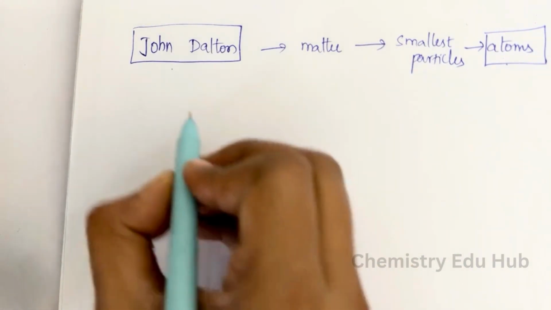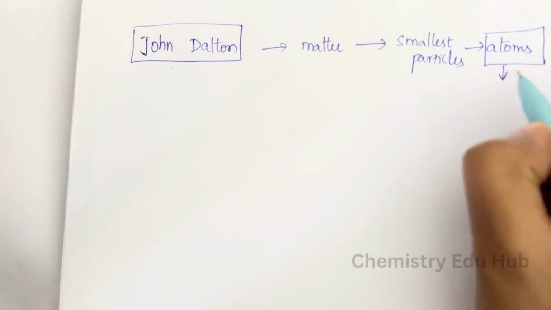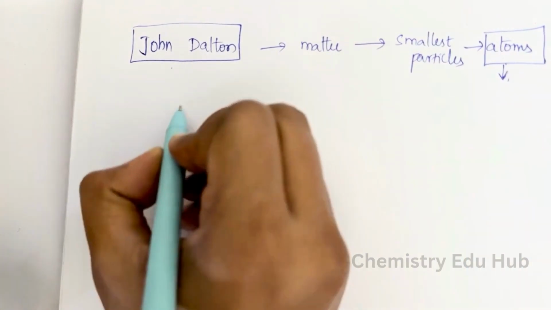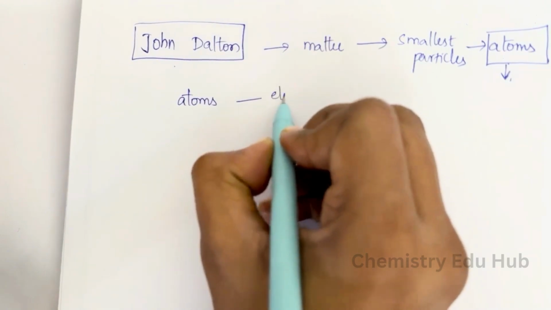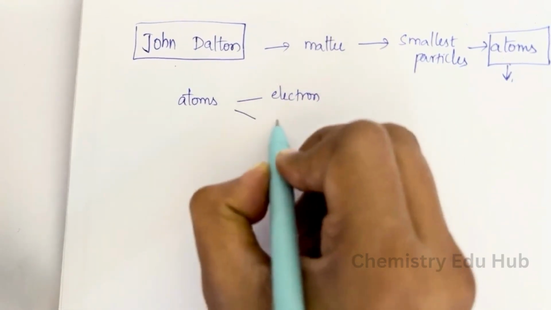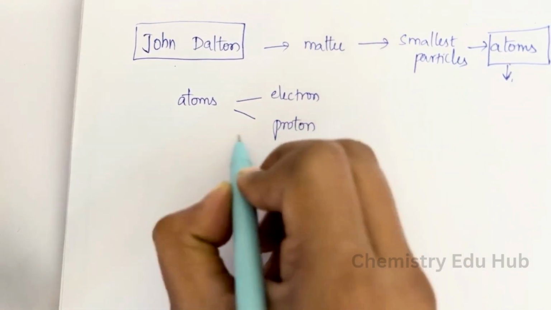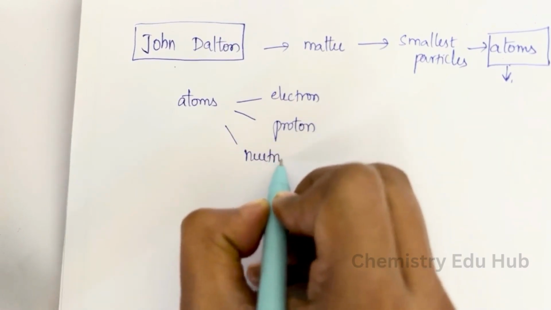Now what are these atoms? Are these atoms the smallest and ultimate? No. Atoms further contain still smaller particles called electron, proton and neutron.